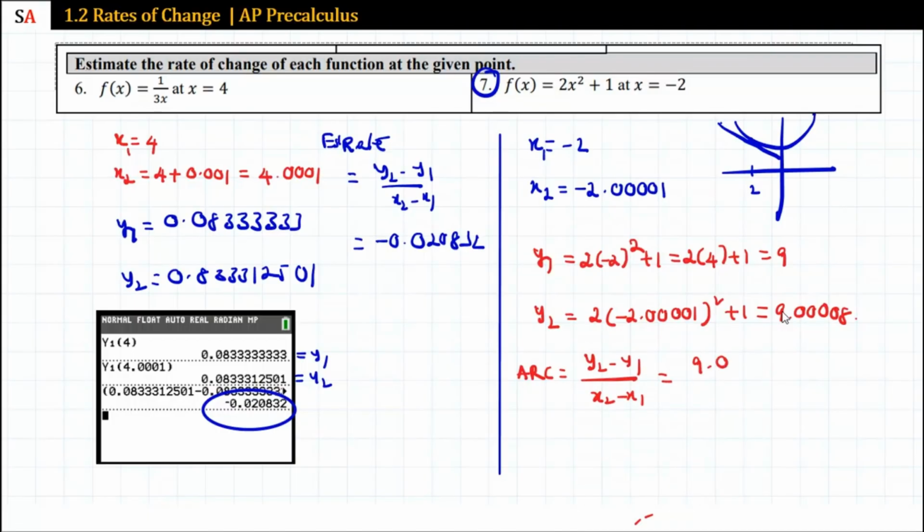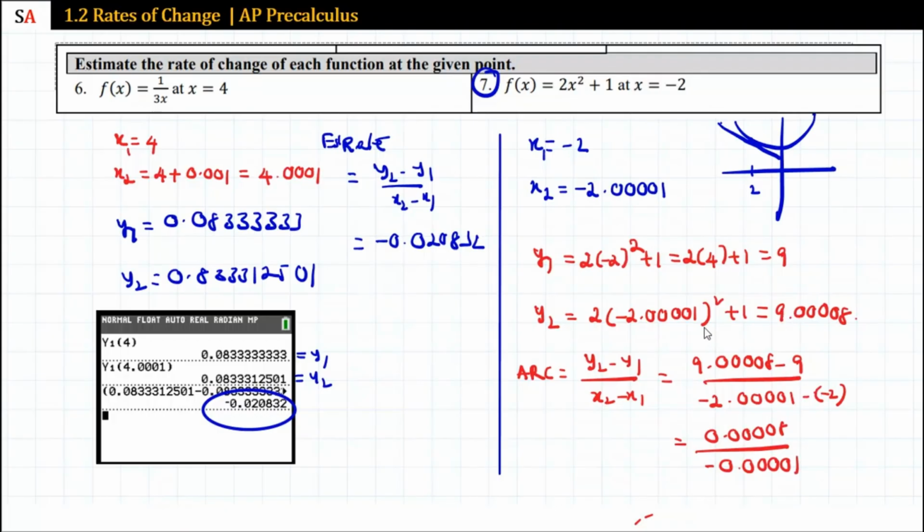which is 9.00008 minus 9 over x2 minus x1, which is negative 2.00001 minus negative 2. So which is 0.00008 over, which is negative 2 point, so negative of positive 2 means which is negative 0.00001.